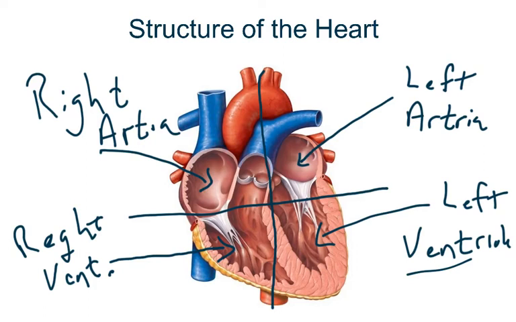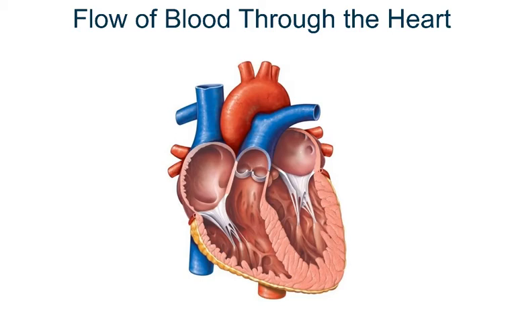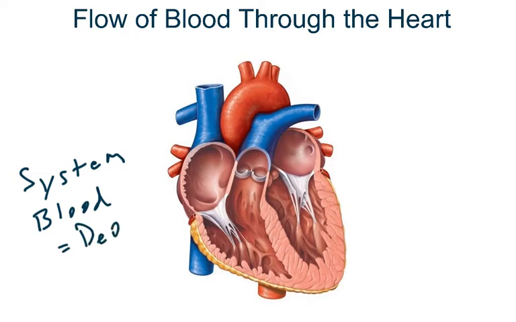With this understanding, let's talk about the flow of the blood through the heart. We'll go from the system, and at this point the blood is deoxygenated, right? This means it's low on oxygen. It flows into the heart through the vena cava, both sides, right?